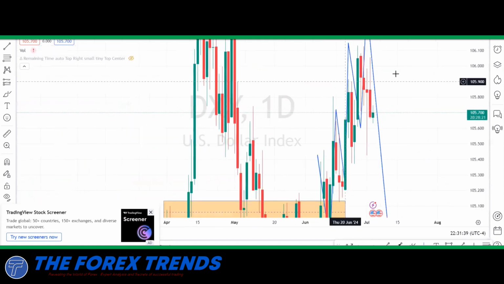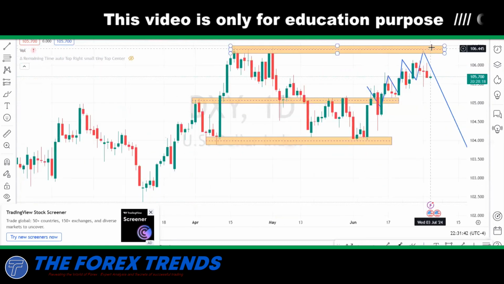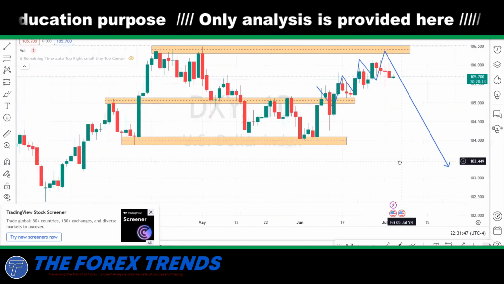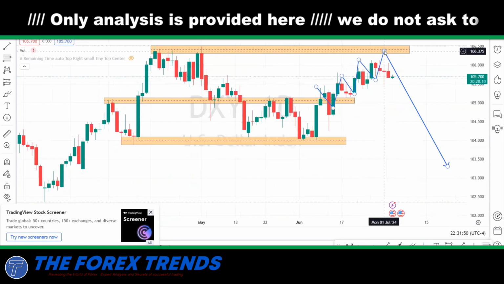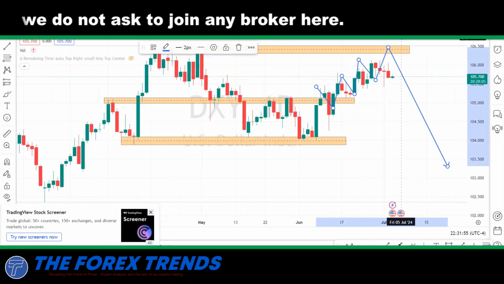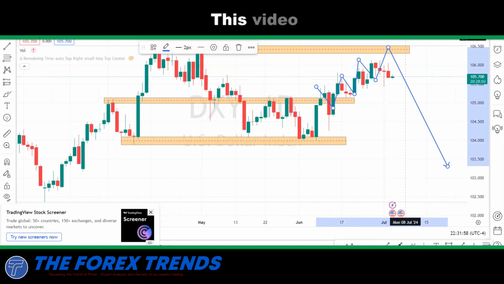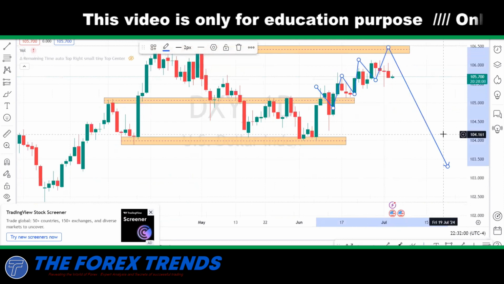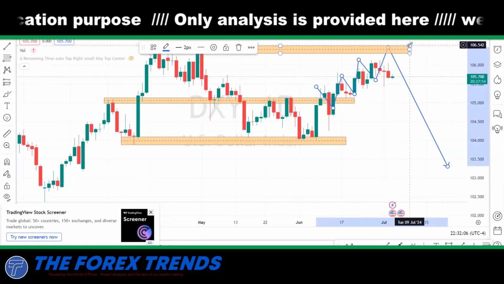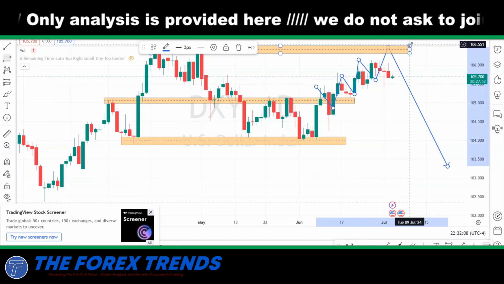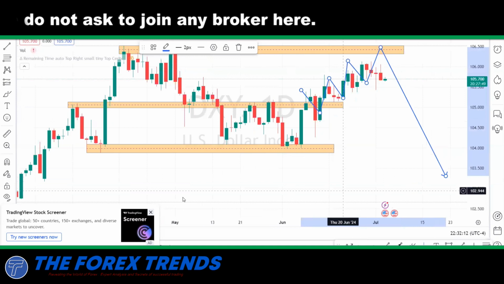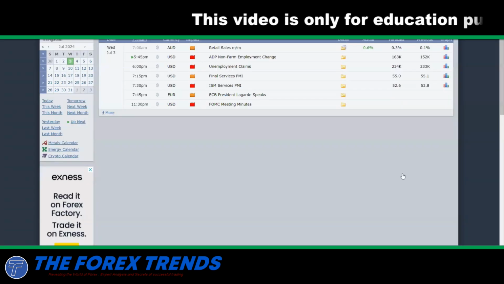Until the market reaches this resistance, that is 106.50, we will remain bullish on the dollar. After testing this zone, it may be possible it spikes up to this price, that is 107, and comes back down to this resistance. So until it approaches this price, we will still be bullish. So let's see what will happen. So that's all in fundamental.